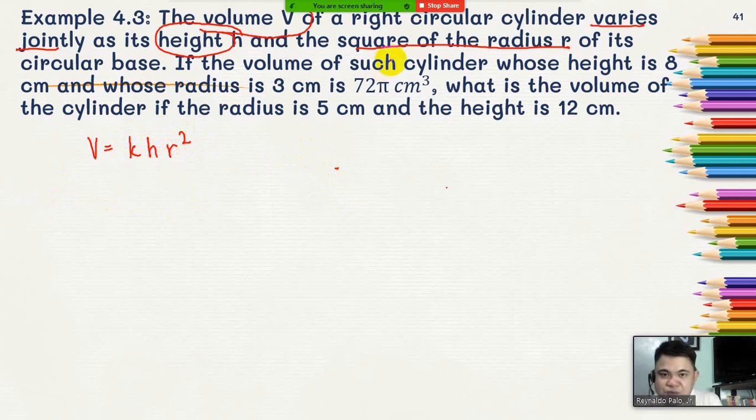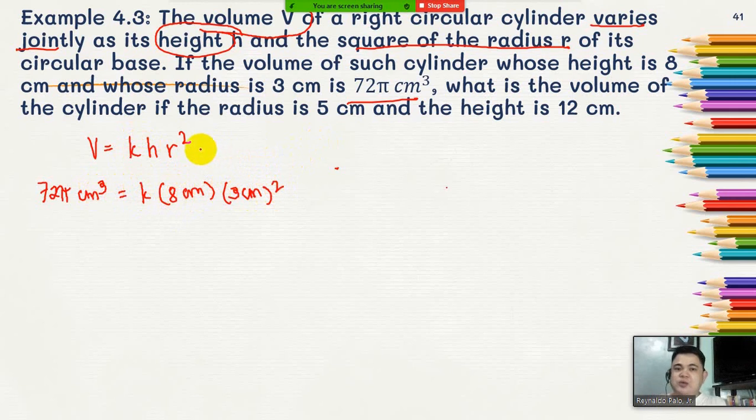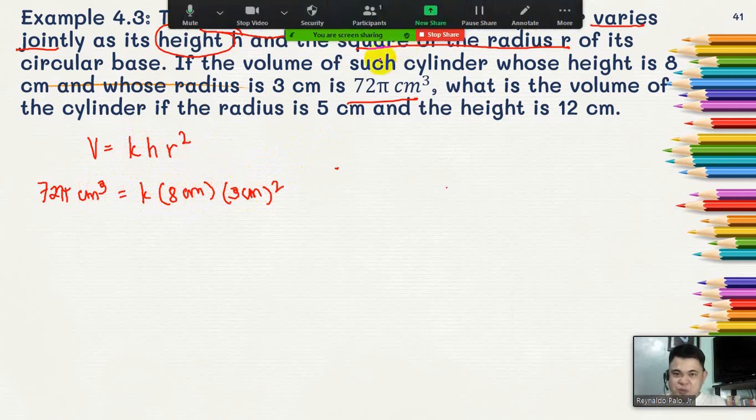So the first volume is 72 pi cubic centimeters equals k times the first height, which is 8 centimeters, then the first radius, which is 3 centimeters squared. So we are going to put square because of the words "square of the radius r."